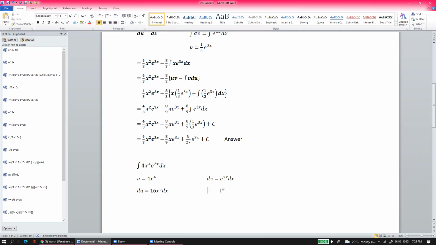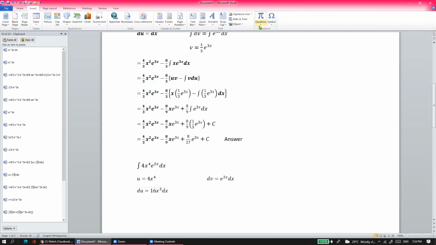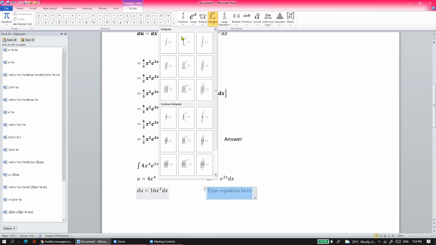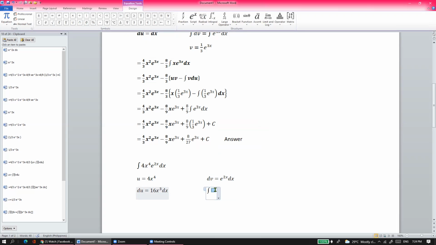And then, dito naman, integrate ko both sides. Yung dv at saka yung e to the 2x dx. So, ganyan talaga yung proseso. Hindi ko shortcut, no? Pinapakita ko ng buo. So, dv is equal to the integral of e to the 2x dx. So, copy ko na lang yon and insert ko dito.